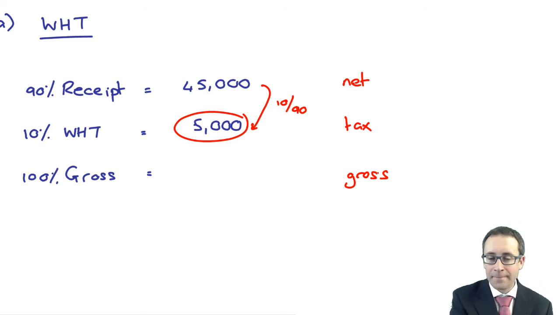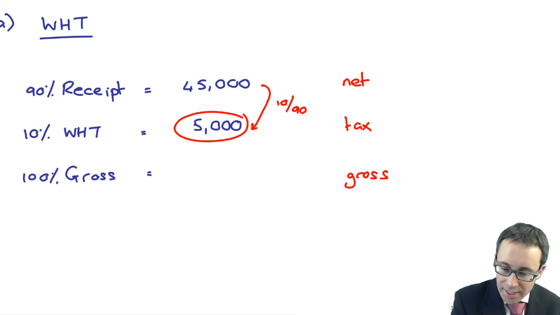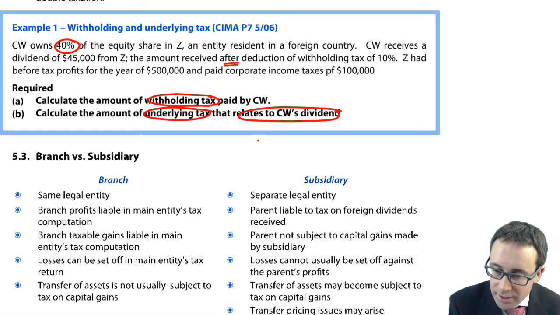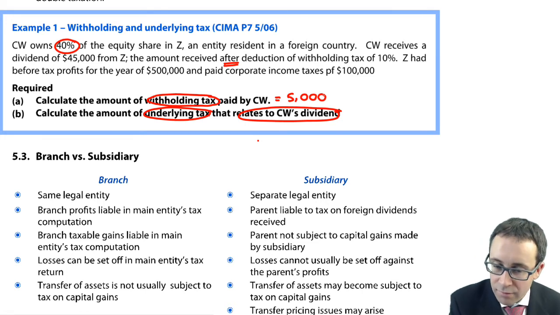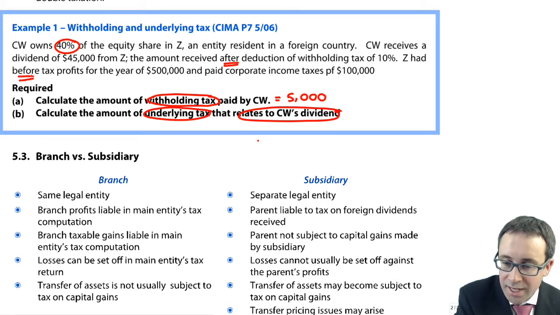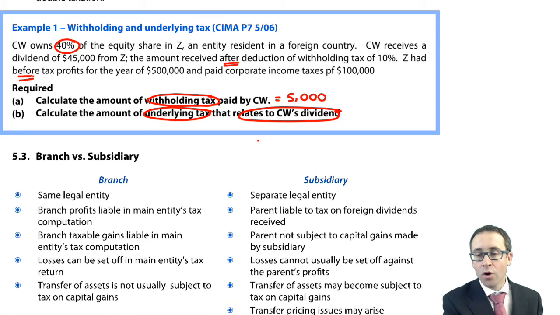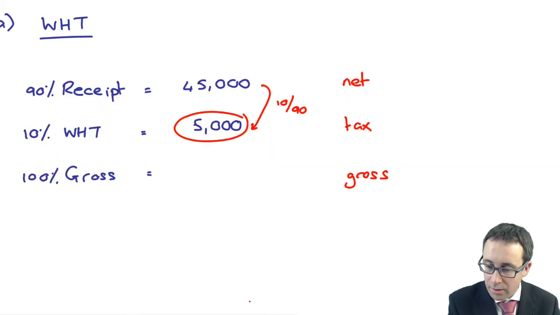So that's the withholding tax that we've calculated: 5,000. Then it said Z had profit before tax, so just be careful, of 500, and paid corporate income taxes of 100,000 as well.